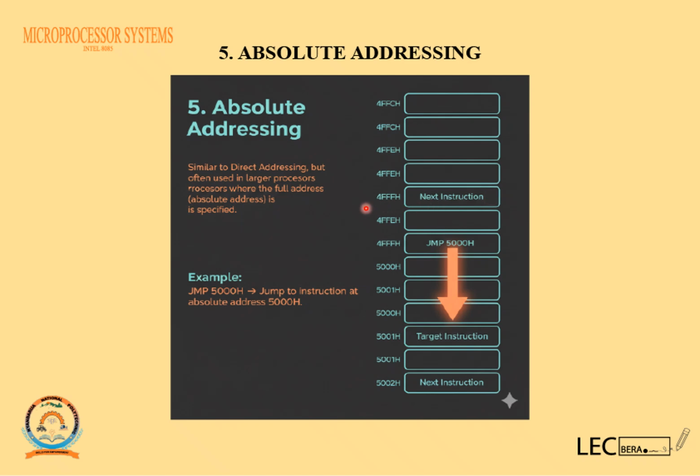Let's say the next instruction was found at this memory location. Instead of executing this instruction, I can jump to another memory location and execute another instruction. Instead of following the instructions in ascending order, I can jump between instructions.